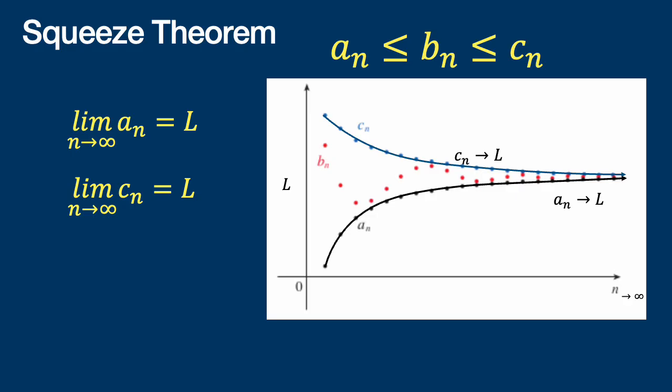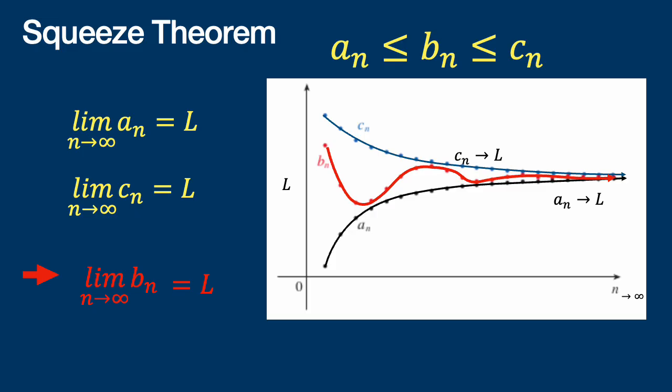How about the sequence between the two sequences? Let's check out the behavior of Bn as n approaches infinity. What happened, guys? The sequence between the two also approaches L. So we say the limit of Bn goes to L.